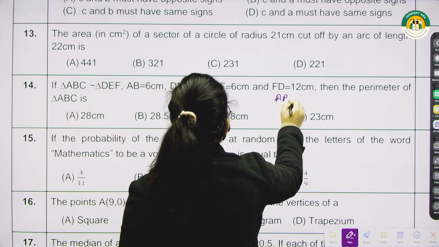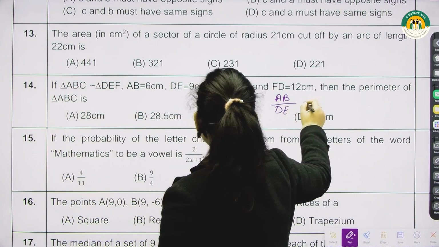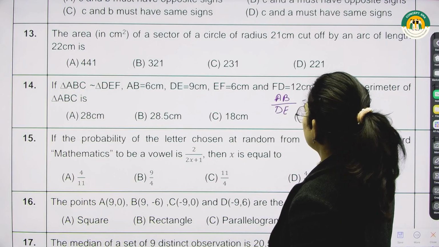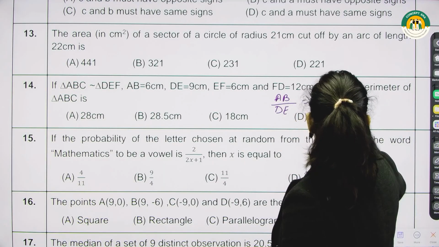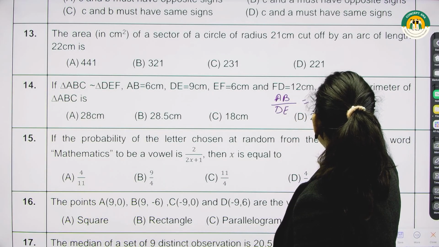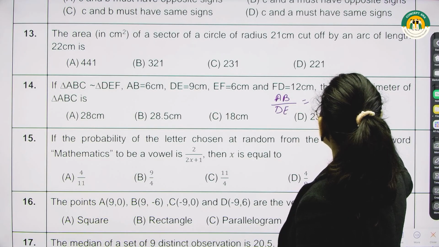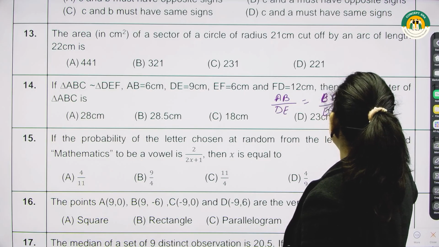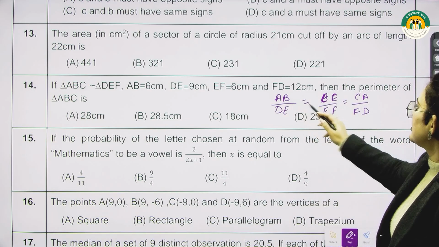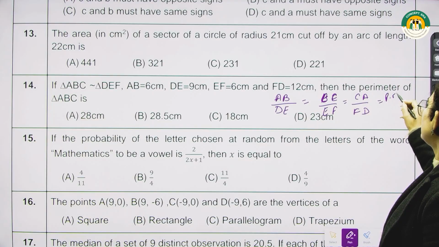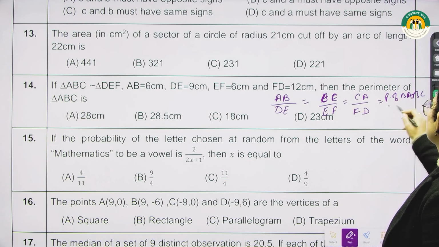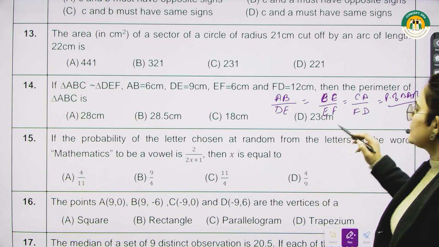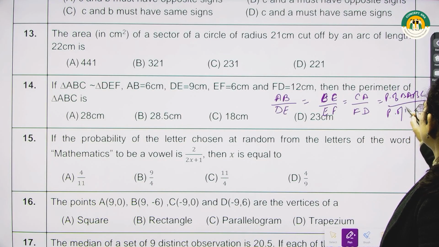So that is AB upon DE is equals to BC upon EF is equals to CA upon FD. So AB plus BC plus CA is equals to perimeter of triangle ABC, and DE plus EF plus FD is equals to perimeter of triangle DEF.